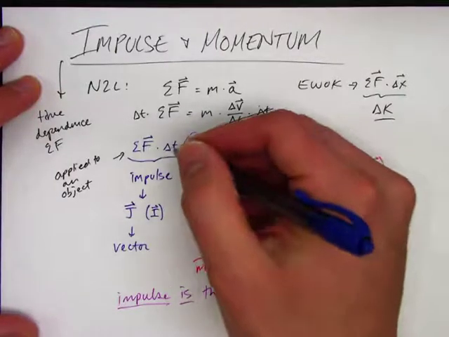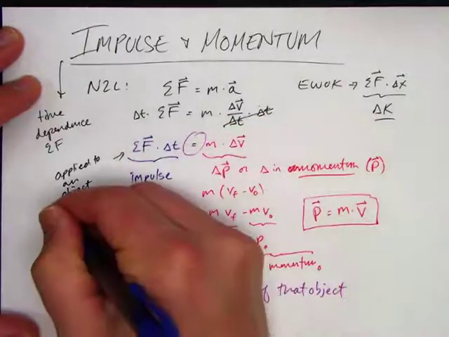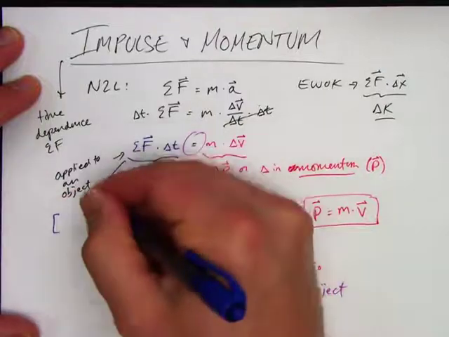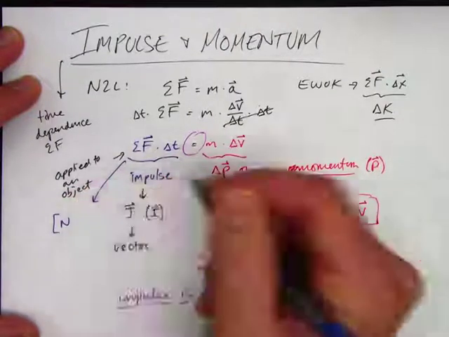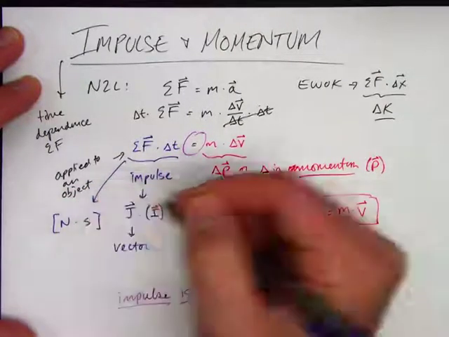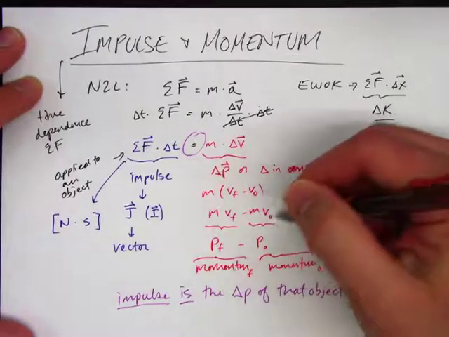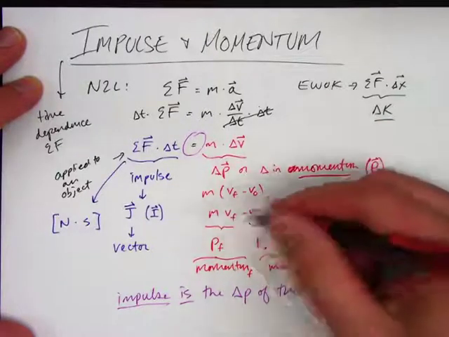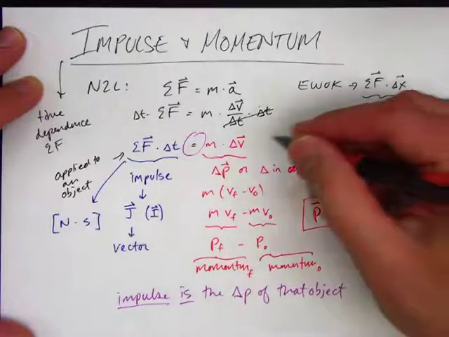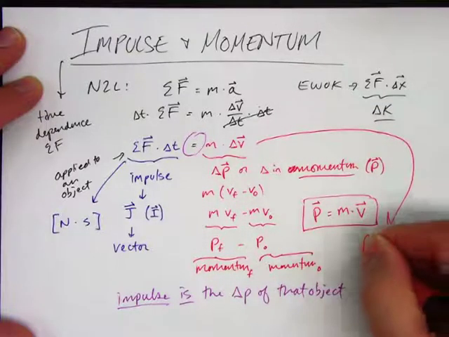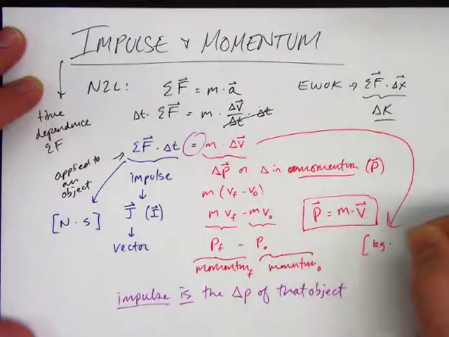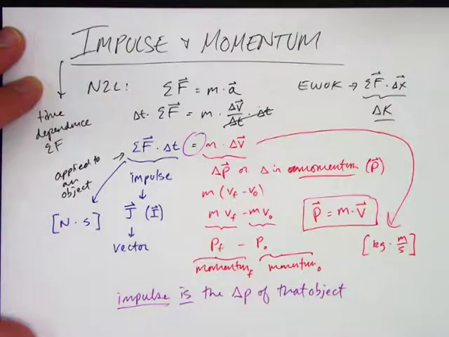When we have force times time, we'll do a unit analysis over here, we have newtons times seconds. When we do mass times velocity, we have a kilogram times a meter per second. So the unit analysis should come out.